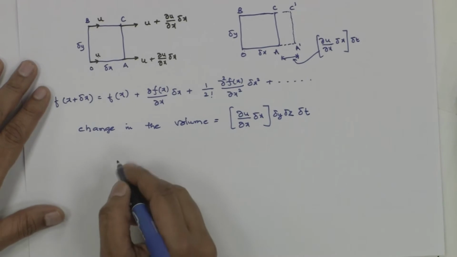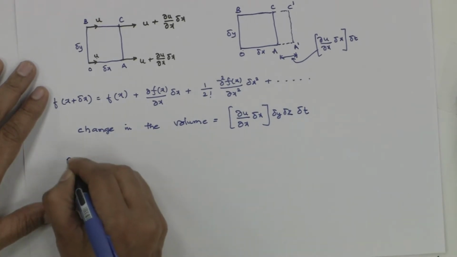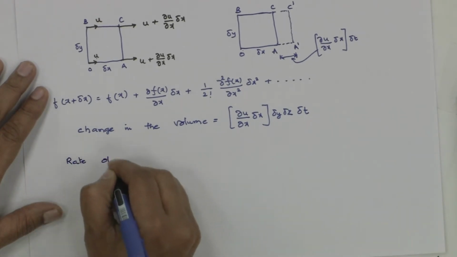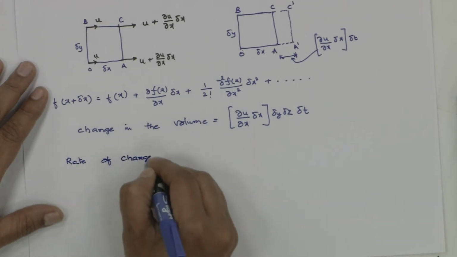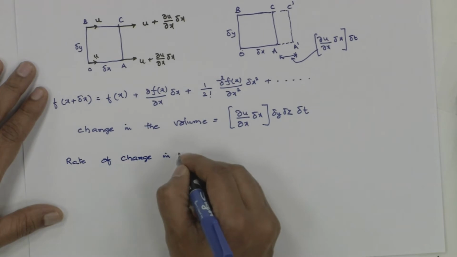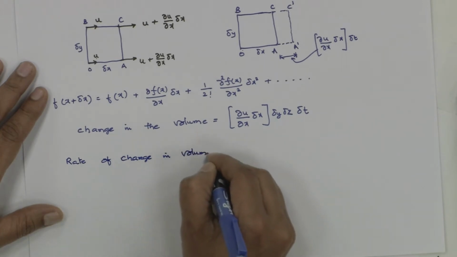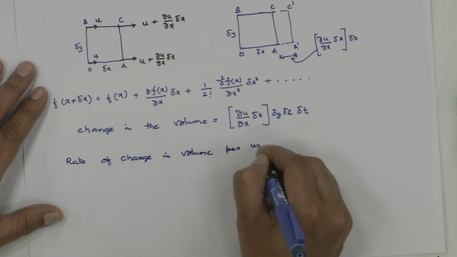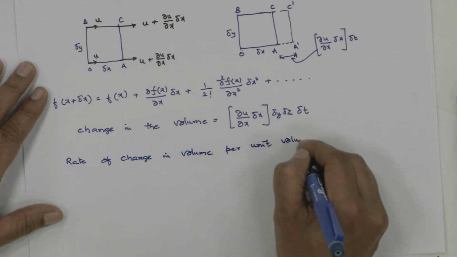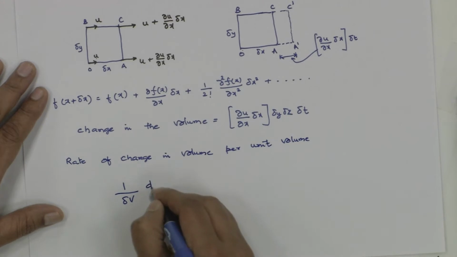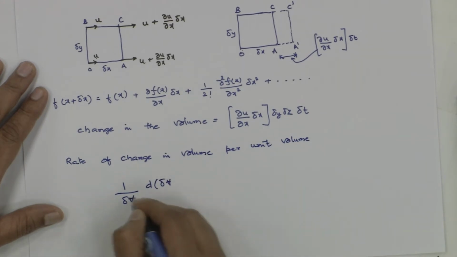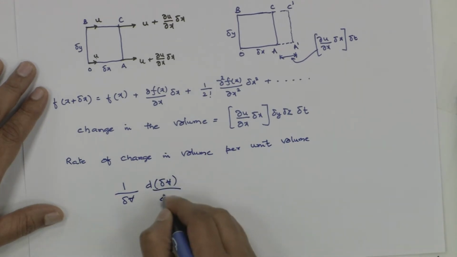Now, if I calculate rate of change in volume per unit volume, that is 1 upon delta V, d of delta V, V is volume, divided by dt.